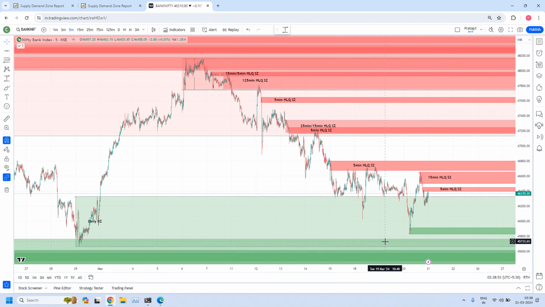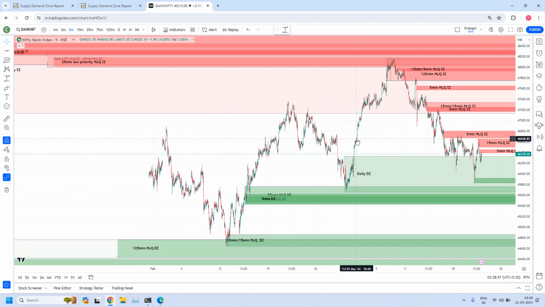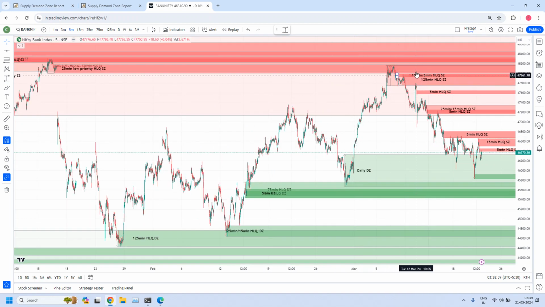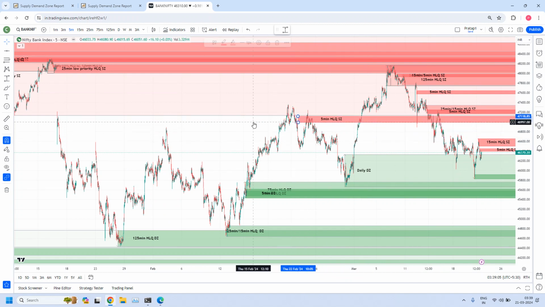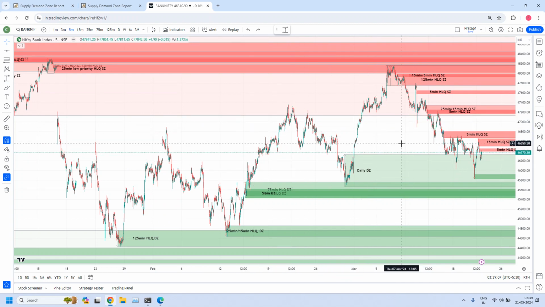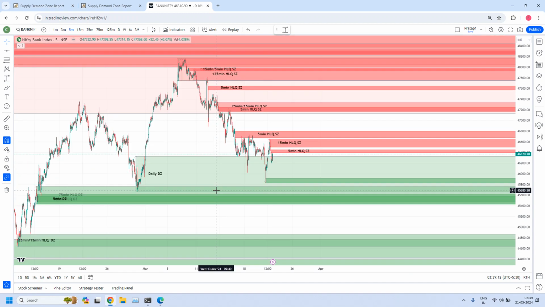But we don't know how long this demand zone will hold, because supply is... See here, institutions, how they are building the supply. Supply, supply, supply, supply. And they are coming very close to the demand zone.